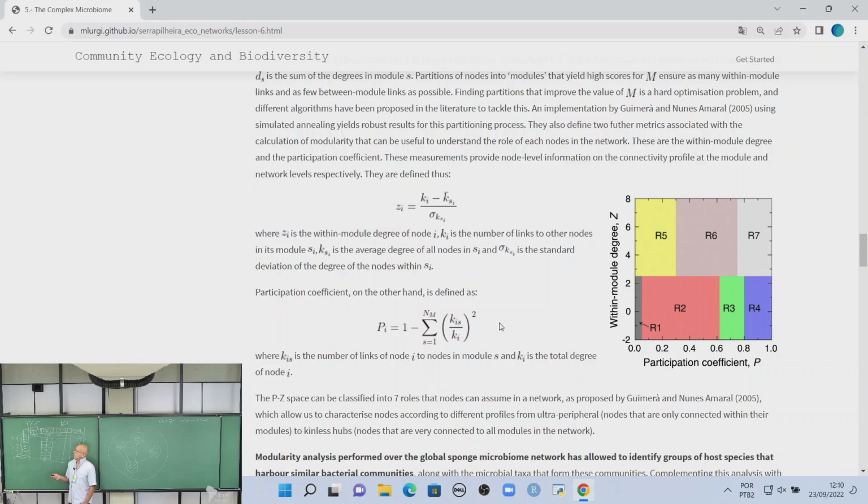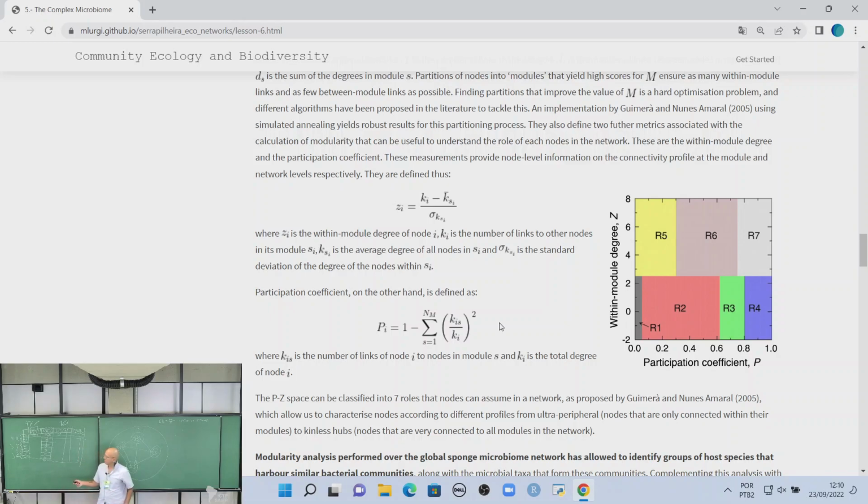The first quantity, this little set here, is called the within module degree. And the second quantity is called the participation coefficient. So these are ways of quantifying how well connected each node is within its module and how well connected it is to modules outside.